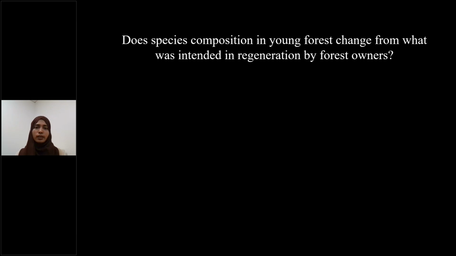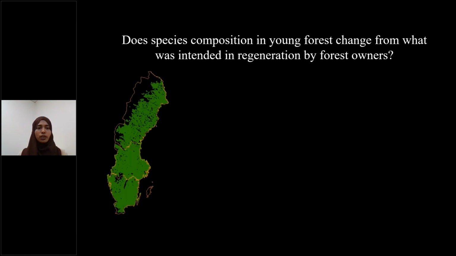In Sweden, Norway spruce and Scots pine are the main 2 species that forest owners plant during regeneration. And the species composition often changes in young forest because of browsing, mortality, drought, and many other issues that influence regeneration success. But we wanted to check how much the species composition changes on a national scale.